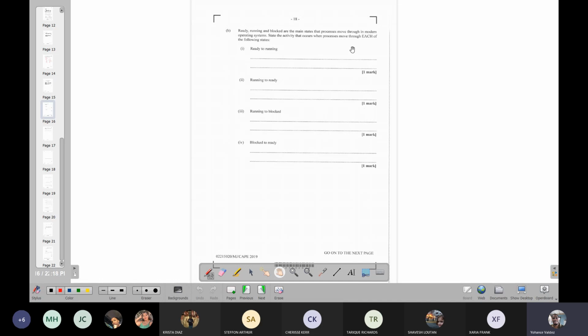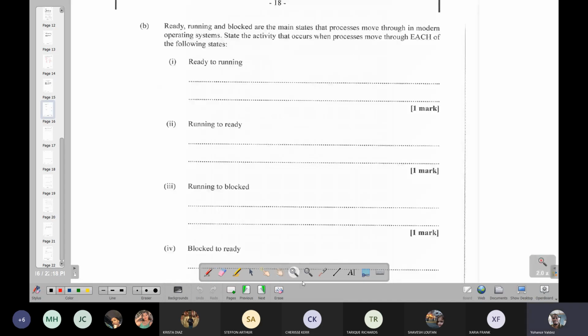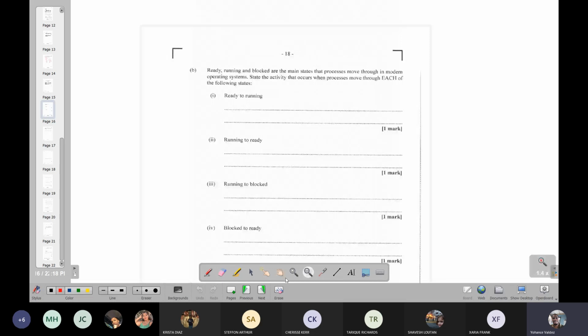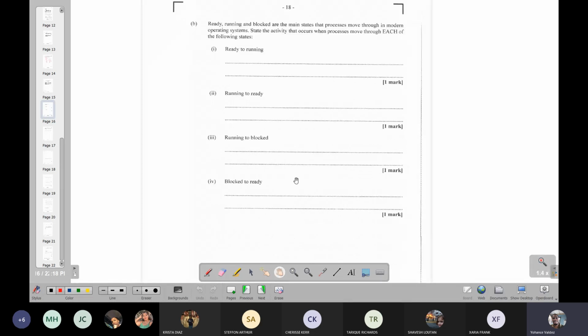So let's go on to the next question. We have the states ready, running and blocked, the main states that the process moves through in modern computer operating systems. What activity occurs when the process moves through each of the following states? If a process goes from ready to running, what does it mean?